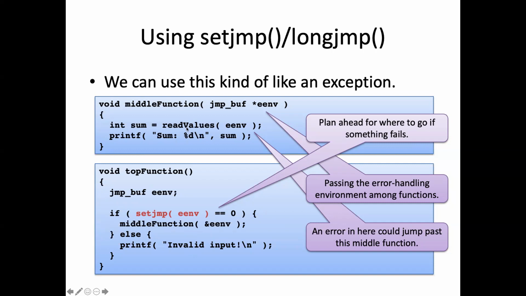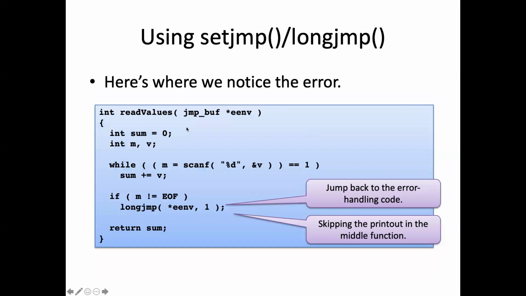What's read values look like? Well, that's on the next slide. It reads a bunch of values from the user, adds them all up, and then returns the sum. But since it's the function that's actually doing the reading, it can tell if there was an error in the input.